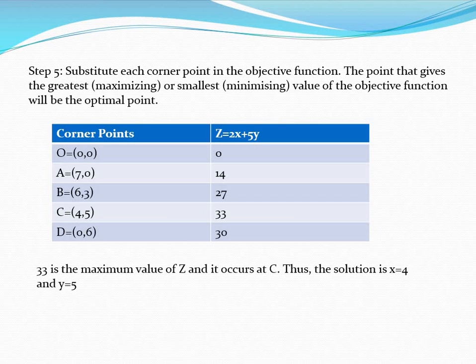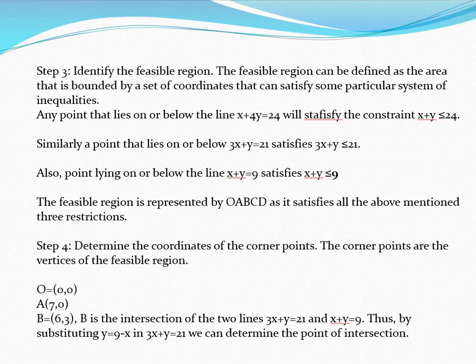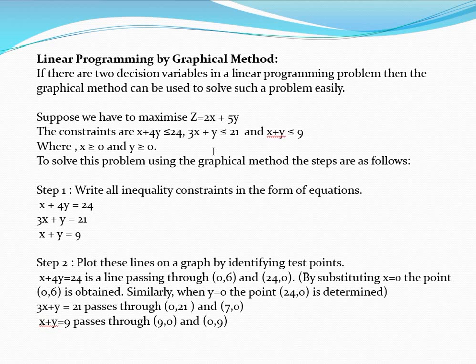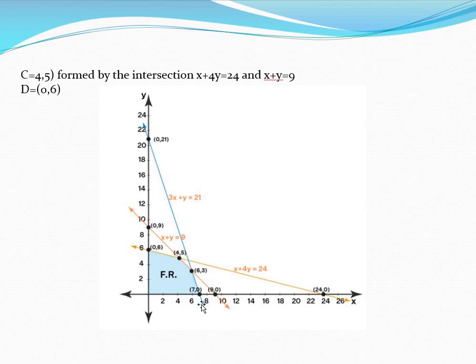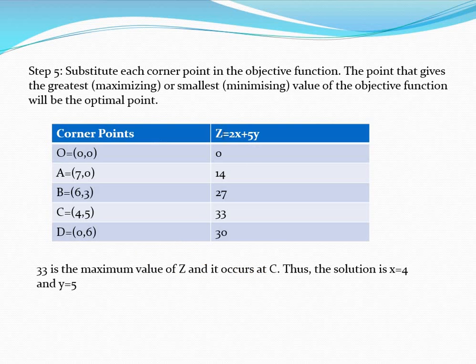What is our objective function? Our objective function is z equal to 2x plus 5y. In 2x plus 5y we have to substitute all the corner points. What are the corner points? 0, 0, 0, 6, 4, 5, 6, 3 and 7, 0. After substitution in our objective function, we will get these numbers.